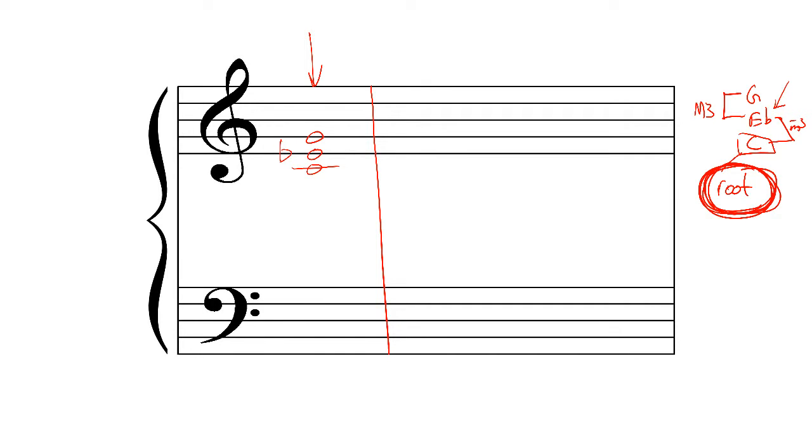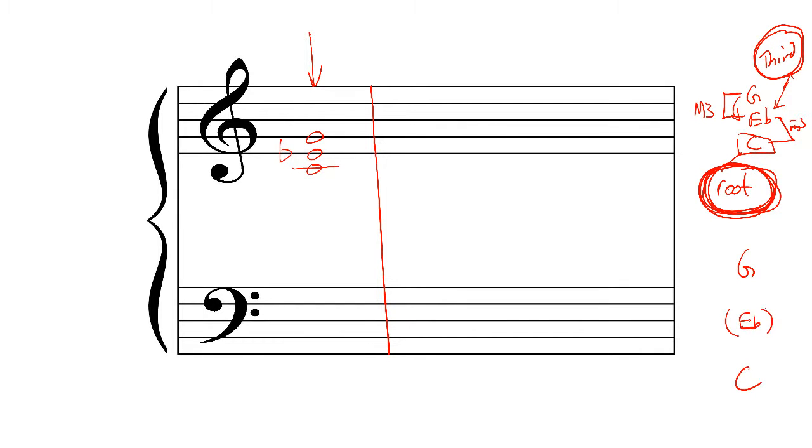E flat is the note in the middle, and it is a third above the root, and so it is always called the third. And it will forever and always be the third. No matter how we arrange that chord, we hear E flat as the third. And then the top note is a fifth away from the root.